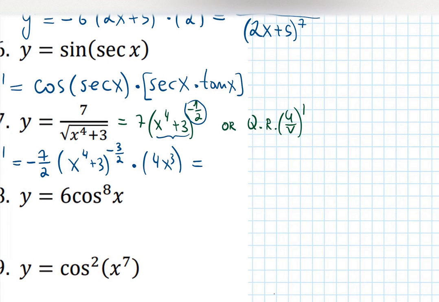If you want to rewrite that as a fraction again, how do you know what goes down to the denominator? Whatever has a negative exponent goes down. So I'm going to have x to the 4 plus 3 raised to the positive 3/2 in the denominator. Now, negative 7 times 4x cubed goes to the numerator.